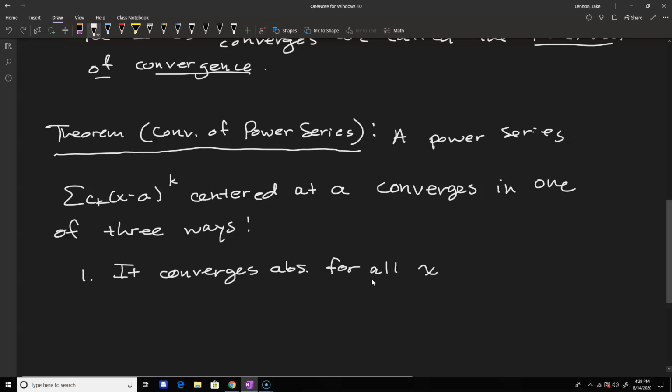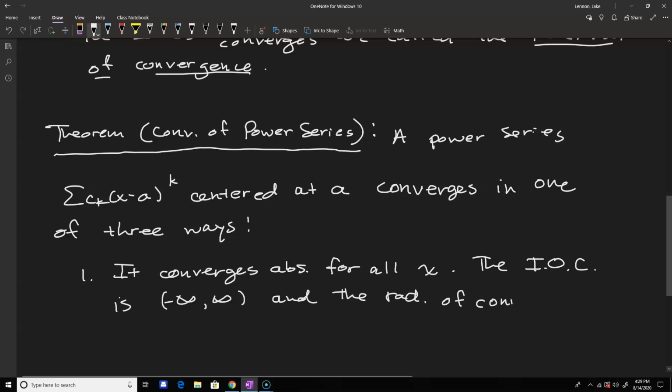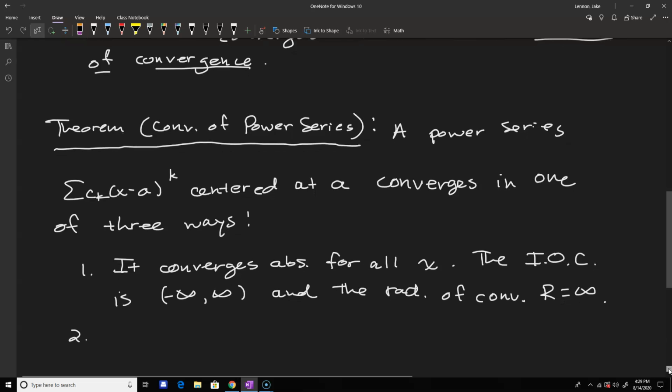In this case, we would say the interval of convergence, IOC, is negative infinity to infinity, and the radius of convergence is infinite. We would say capital R is equal to infinity. The radius of that interval is unbounded.